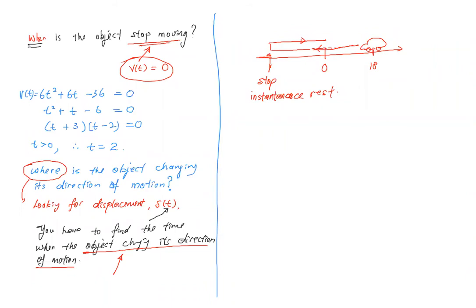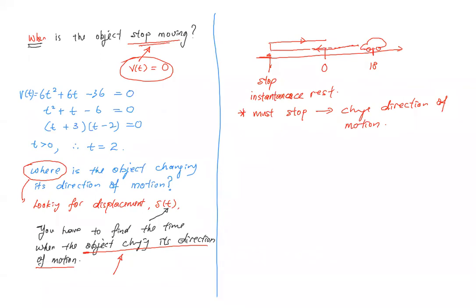So you have to remember this fact. Must stop, then only can change direction of motion. But you have to remember, I can stop, I can not change direction of motion, correct? So now what do we need to do?